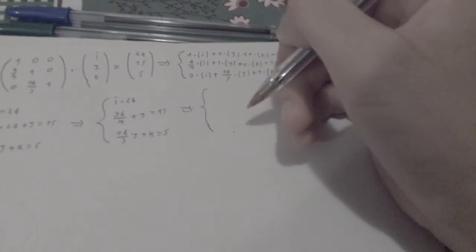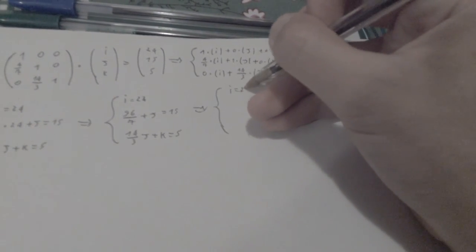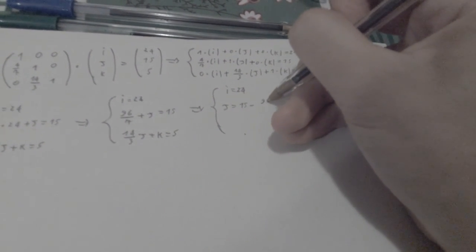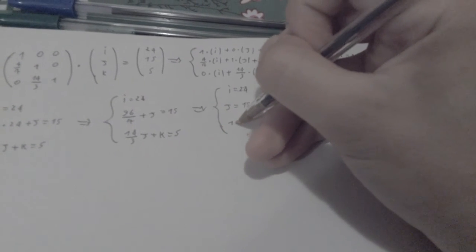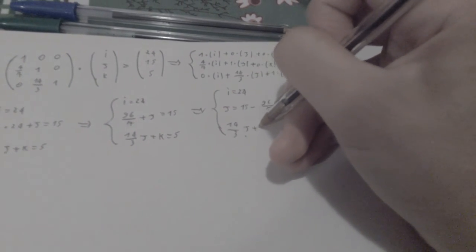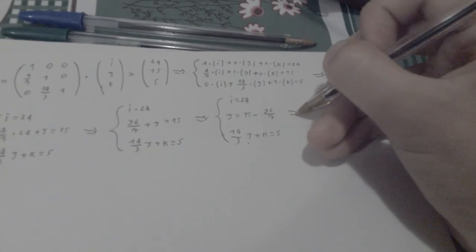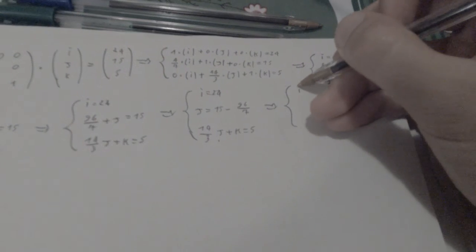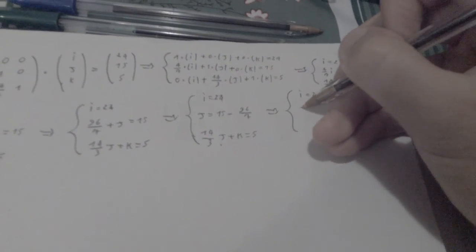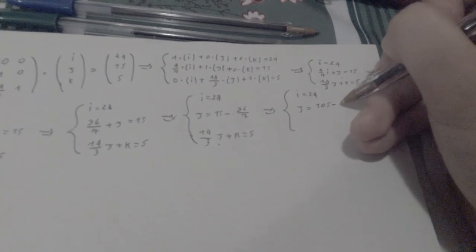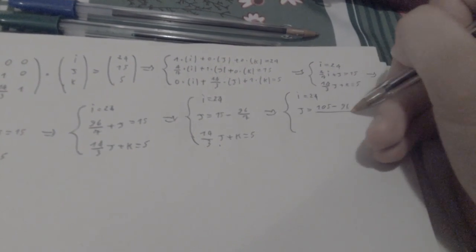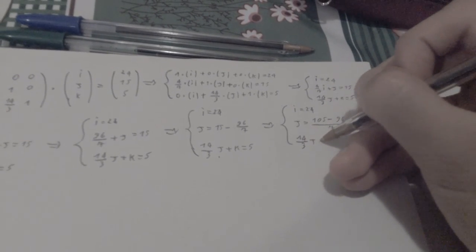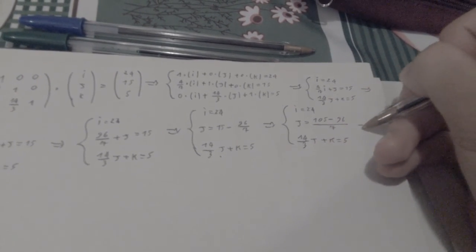And then we're gonna have i equal 24, and j equal 15 minus 96 over 7, 14 over 3 j plus k equal 5. And then i equal to 24, j equal to 105 minus 96 over 7, and 14 over 3 j plus k equal to 5.